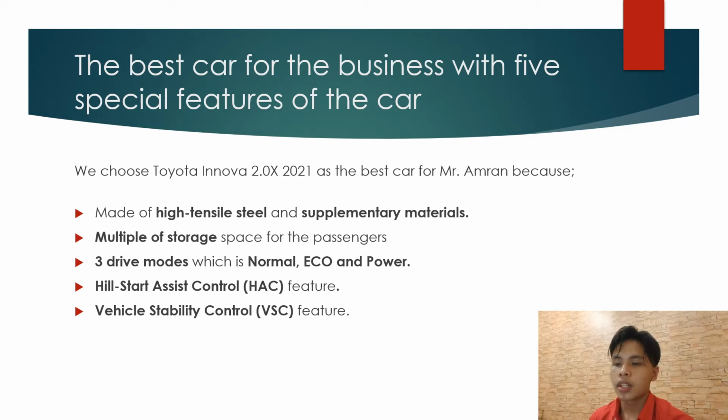Thirdly, the car has 3 drive modes, which are normal, eco and power, for the best driving experience. Next, the car has a hill start assist control feature, which prevents the car from rolling backwards when moving forward up a steep slope from standstill.